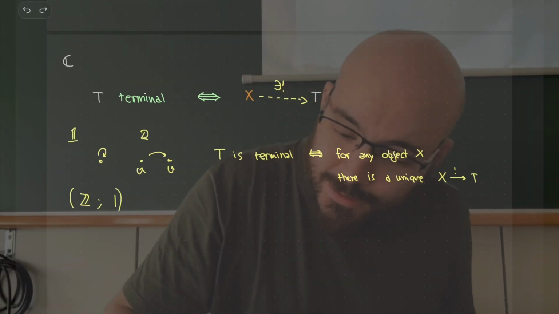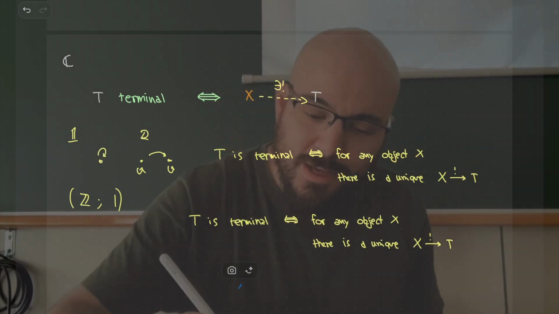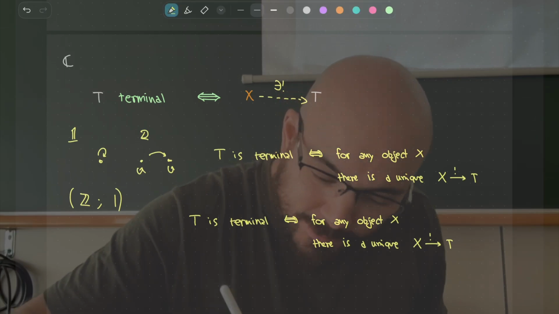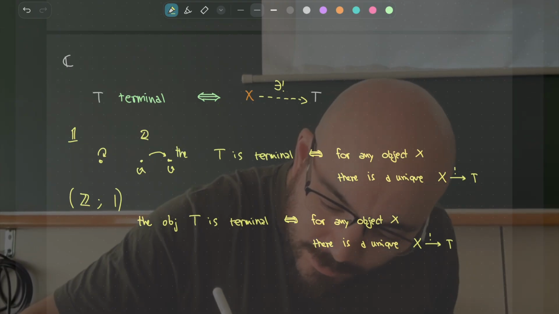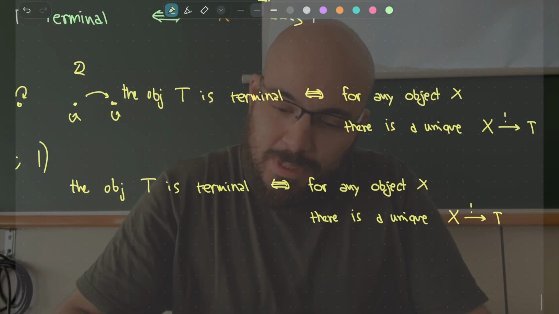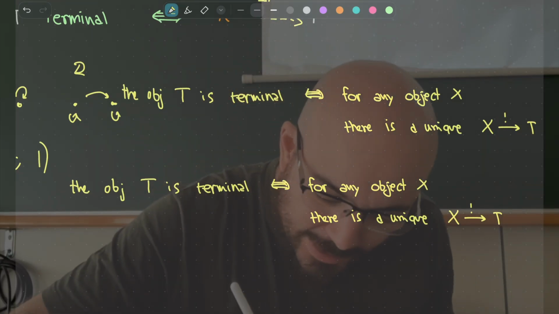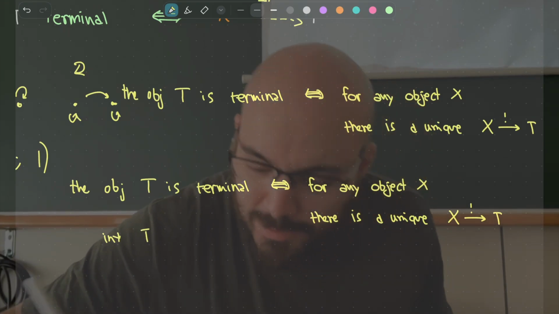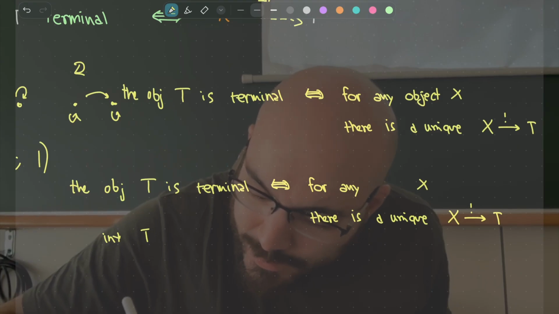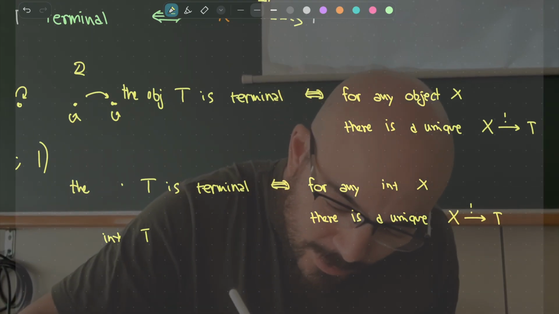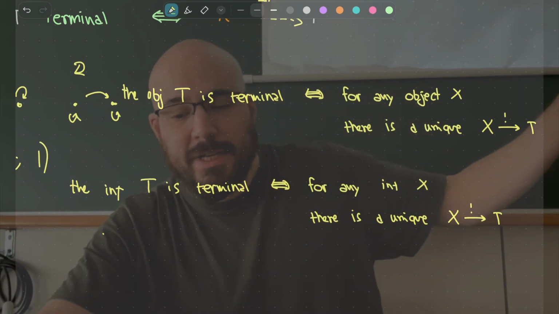Okay, so if I take this thing and translate it into the world of integers with divides, it means that the object t is terminal if, and so on. What does object mean here? Integer. So the integer t is terminal if for any integer x, there is a unique arrow.